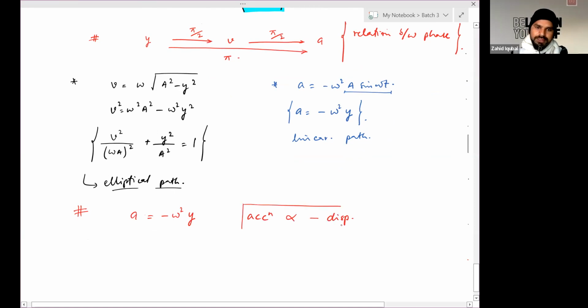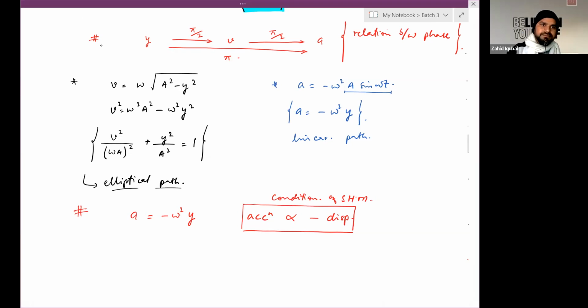This is the condition of SHM. So for any equation, just differentiate it twice to get acceleration. And if your relationship is something like this, then it will be SHM. Otherwise, it will not be SHM. Reba, is it clear? Yes, sir.